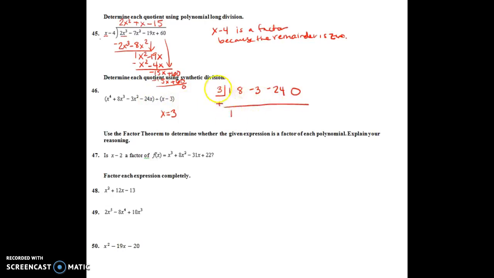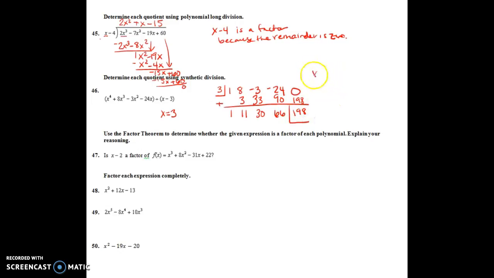So bring down the 1, multiply, add, multiply, add, multiply, and add. One more time, multiply, and add. The last value is your remainder.